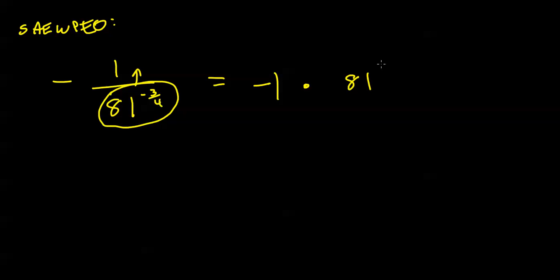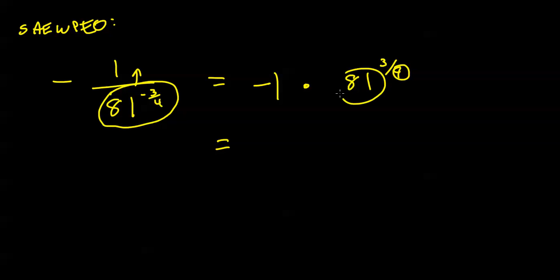It's 81 to the positive 3/4 power, and of course my denominator reduces to 1 then, and I won't write a redundant denominator 1. So I claim this is equivalent to minus 1 times 81 to the 3/4 power.